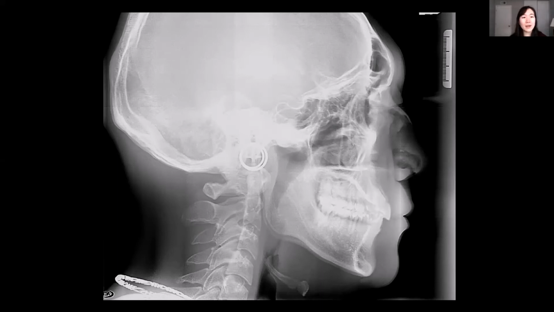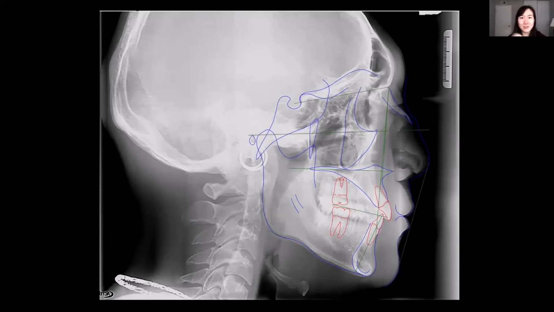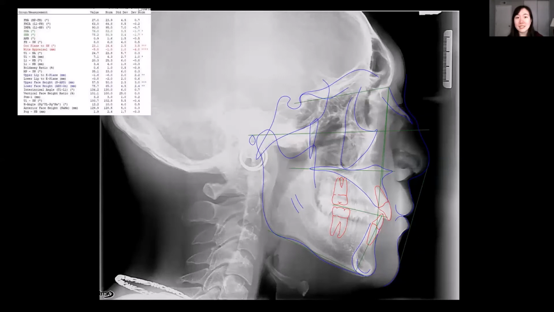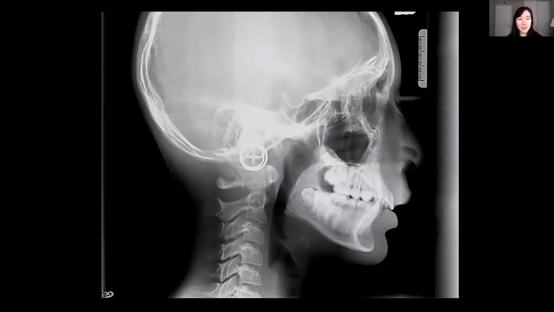So I'm able to take this x-ray and trace it and do these color tracings on it, and it gives me all these numbers and measurements and angles to determine where the discrepancy truly lies. Let me give you an example of that. Here's a patient. He comes in and his chief concern is that his top teeth stick out. So my thing is, is it really the teeth that stick out?